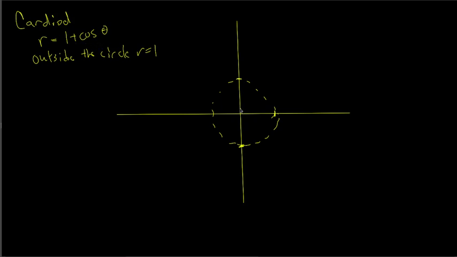Well, when theta is 0, cosine is 1, so it's going to be at 2. So this is going to start at 2, and it's going to decrease when theta is at pi over 2. So as it rotates to pi over 2, it goes to 1. And then it's going to come back to here and back to here, all right? And gets that heart shape. That's why it's called a cardioid.